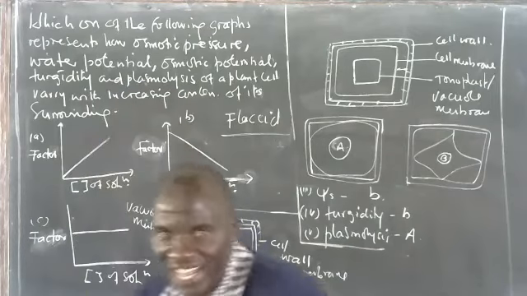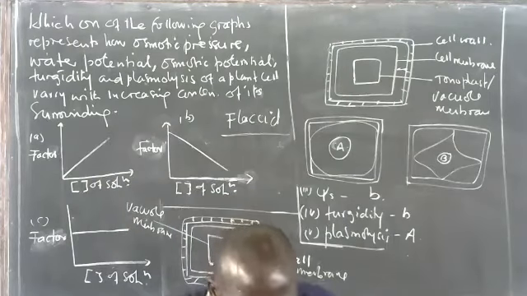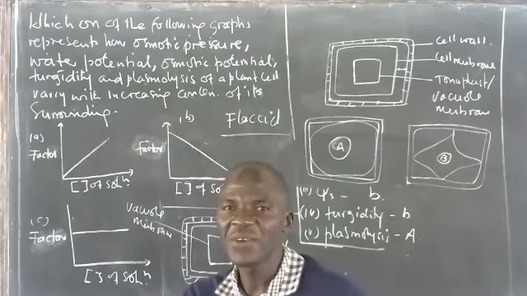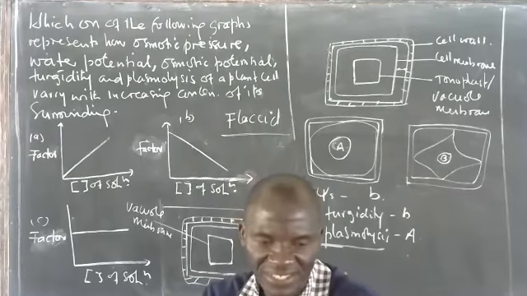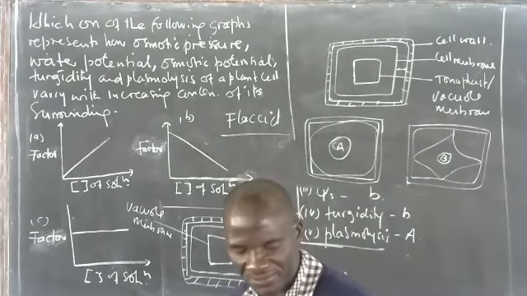So, Evans, you are saying plasmolysis is the pulling away of the membrane from the wall as the cell loses water. Correct. So, which graph? Tell us.